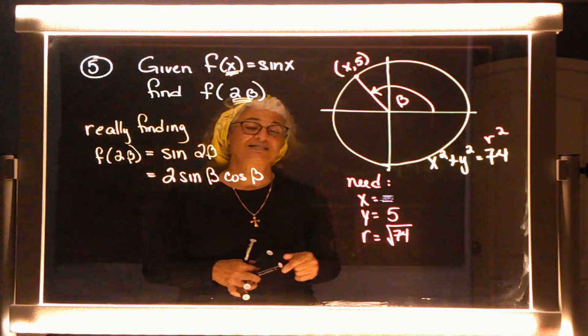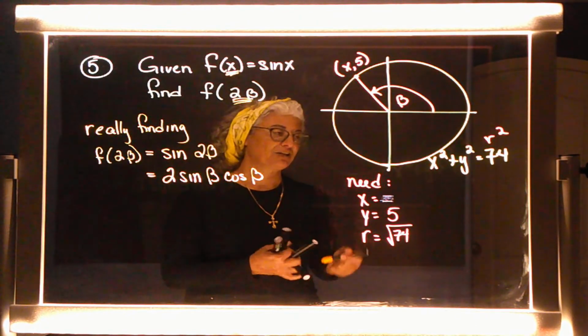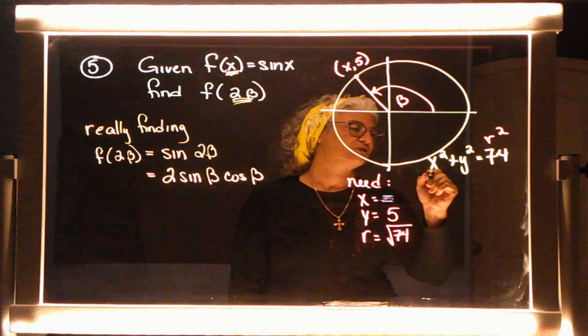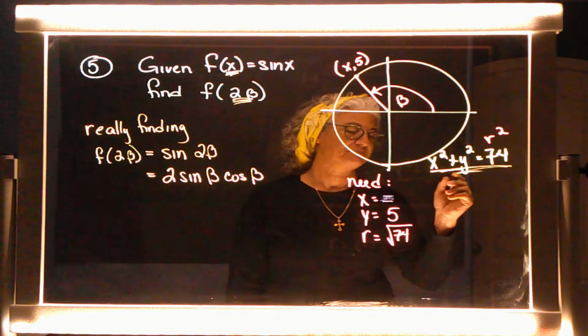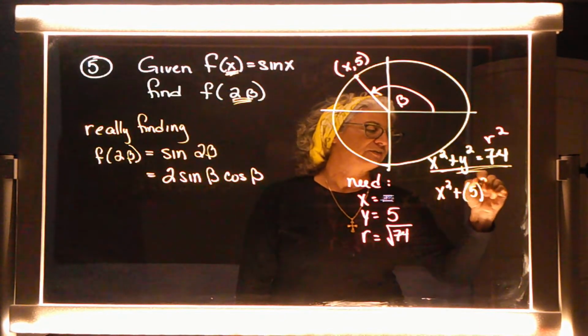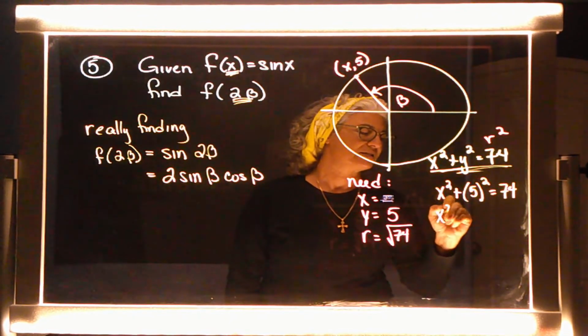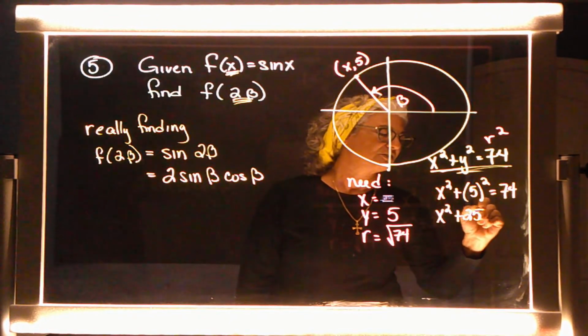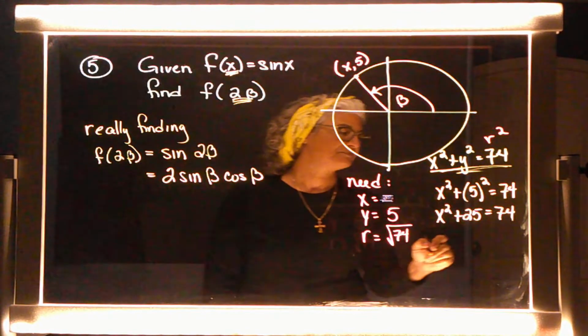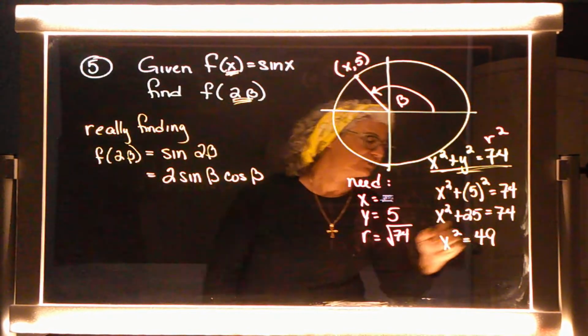So it looks like I need to find x. How are we going to find x? Good. I'm hoping some of you said just use this equation. So x squared, y is 5, right? Which means x squared plus, good, 25. Get the x squared by itself, that's good, 49.